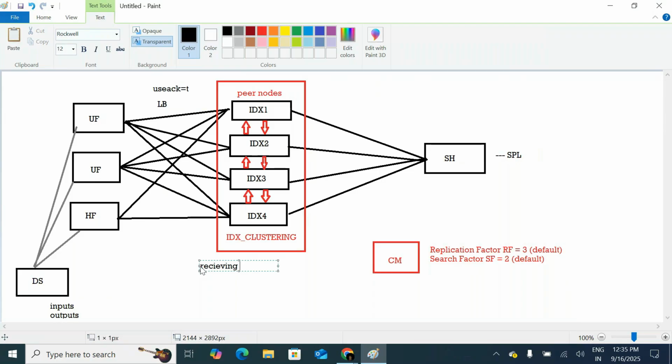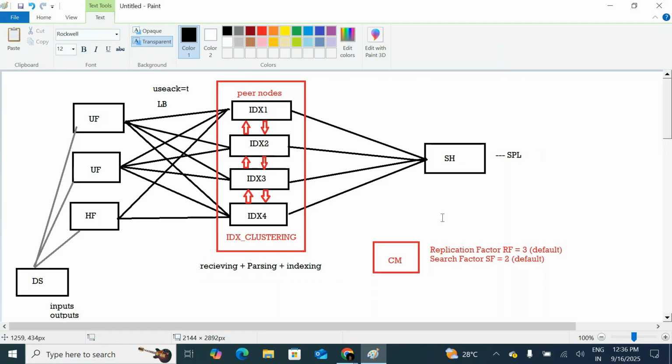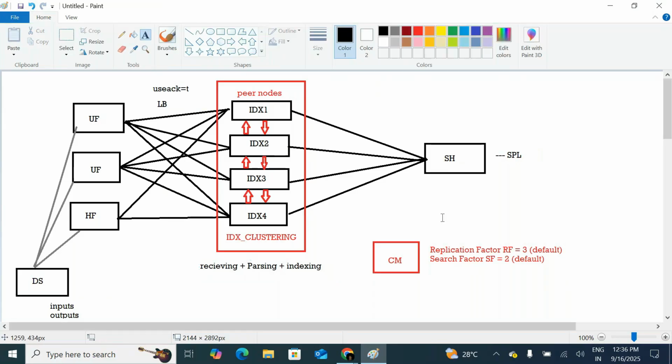Customization, transformation, and filtering are called parsing. After parsing, you store it, and storing means indexing. The indexer will receive the data, parse the data, and store the data.